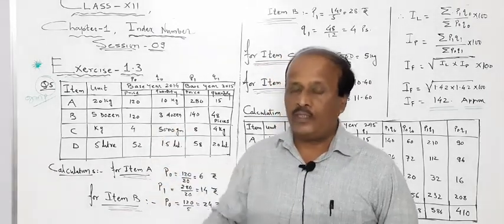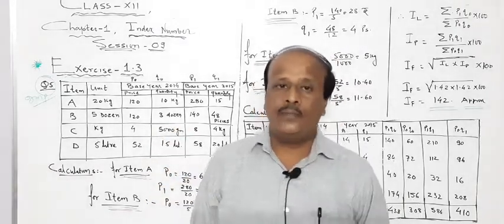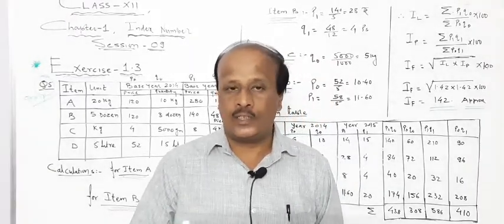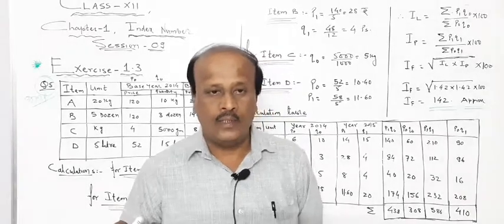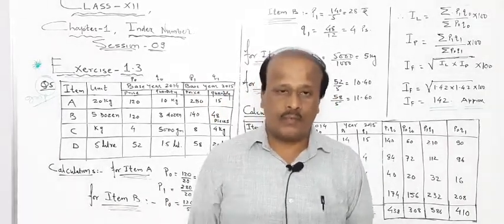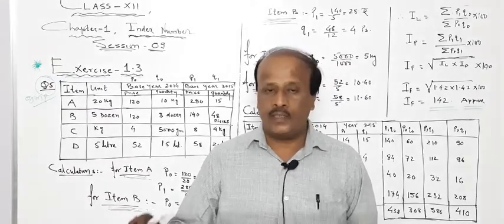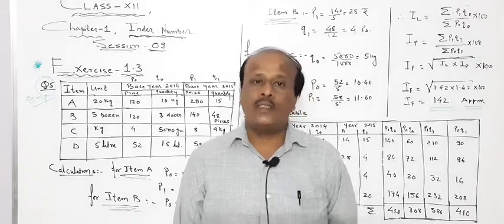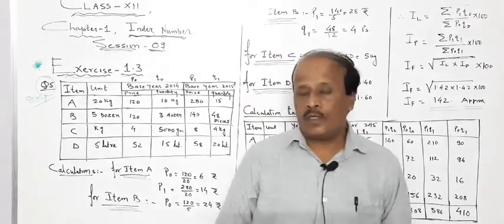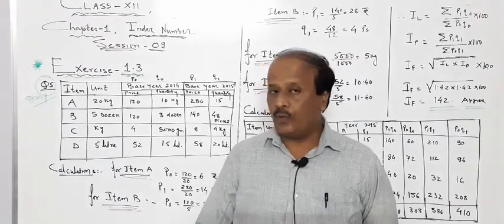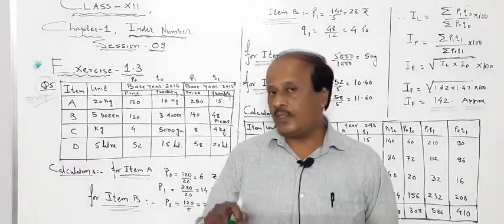So that is today. Before that, a reminder: I told you how to find the weighted index number. There was a nice formula for the weighted index number. Then Laspeyres' index number, we had one nice formula for that. Then Paasche's index number. Lastly, we did Fisher's index number, and I told you the ideal one was Fisher's index number.